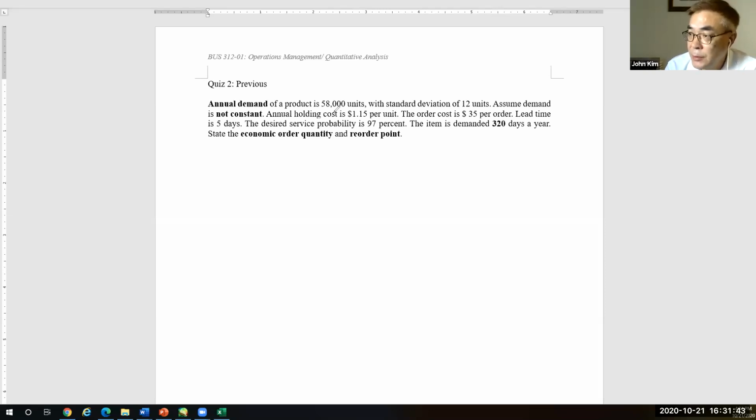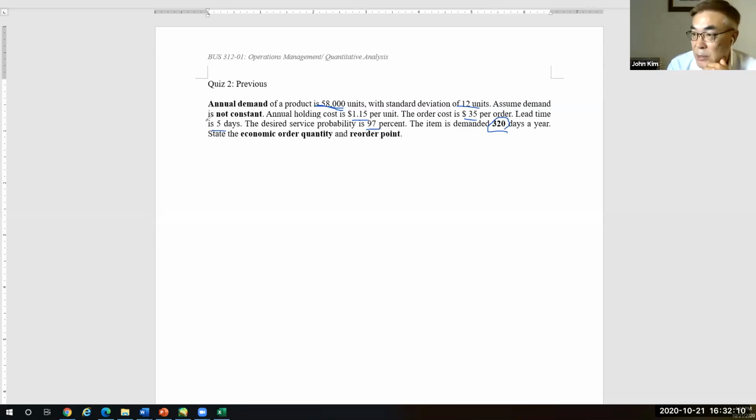Okay, annual demand, this one, and then standard deviation, this one, annual holding cost, other cost, and then 97%, and L is 5 days lead time, and this one is given as 320 days per year.